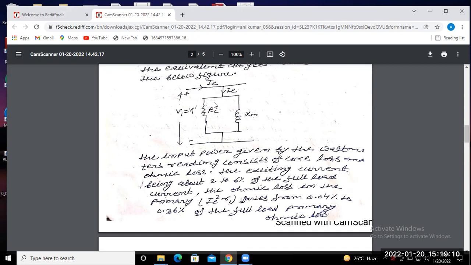Simply, if you apply Ohm's law here, that means V equal to IR, so V1 equal to IC RC, is not? So RC equal to how much? V1 by IC. And similarly for XM, how much can we write here?